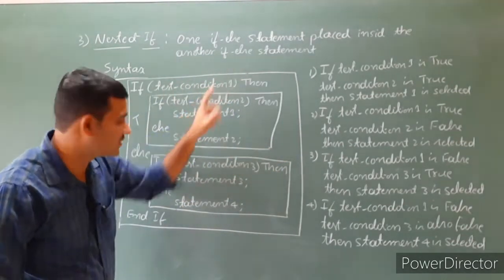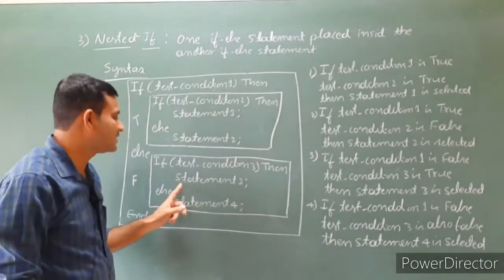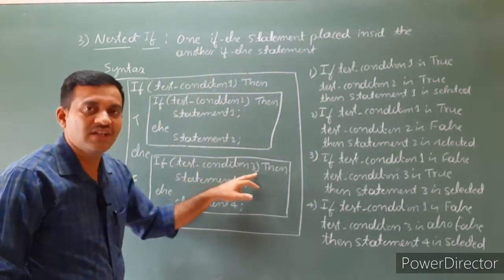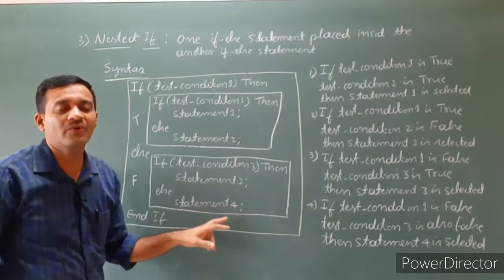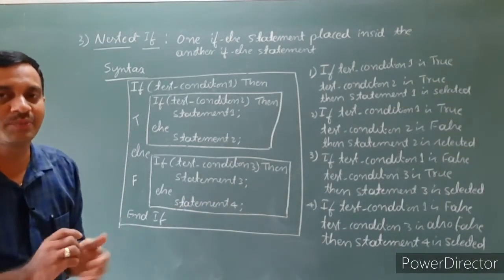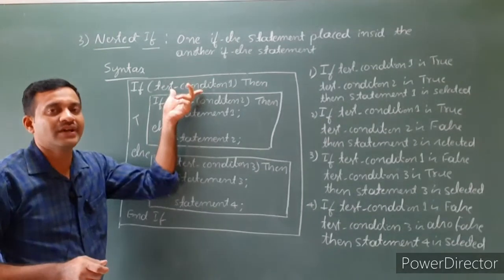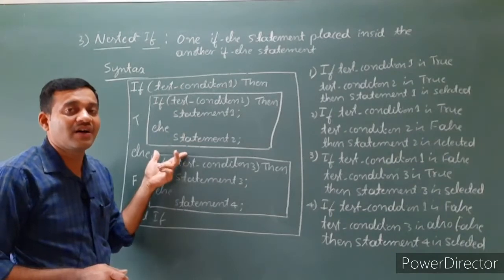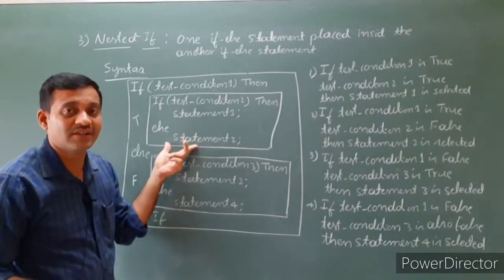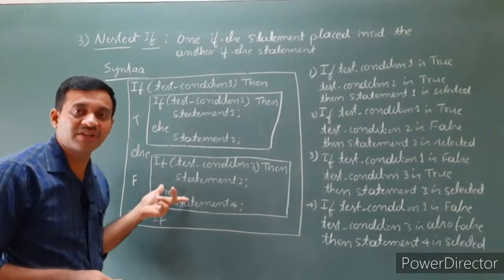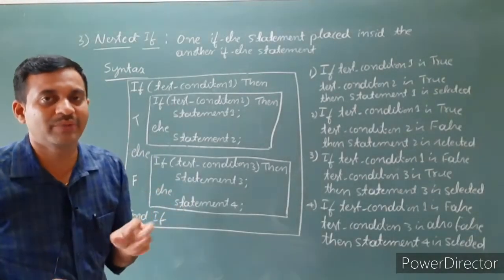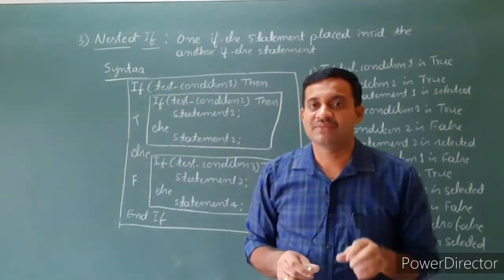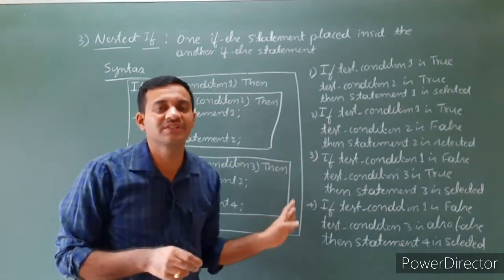Test condition 1 is false, test condition 3 is true, then statement 3 is selected. Test condition 1 is false, test condition 3 is also false, then statement 4 is selected. The general principle is, if the condition is true, the succeeding statement is executed. If the condition is false, the succeeding statement is not executed; that is, the alternative set of statements is executed. That is the basic principle. Depending on the test condition, we select one statement out of these 4 statements.